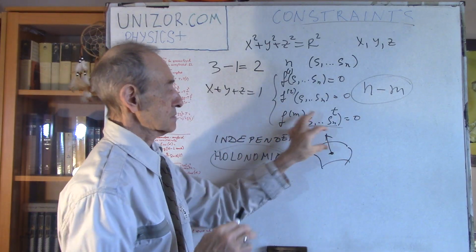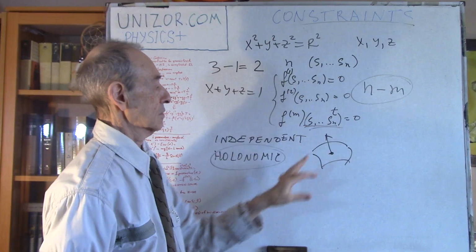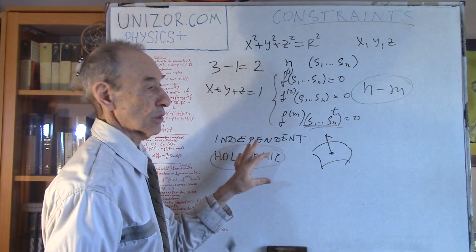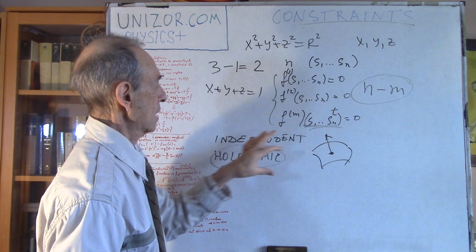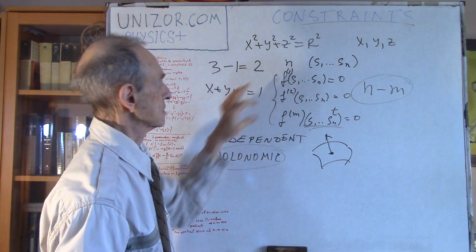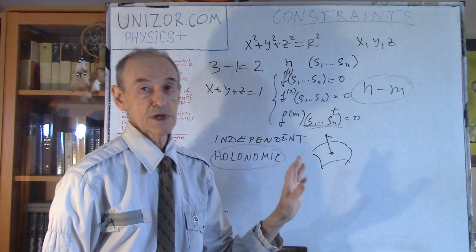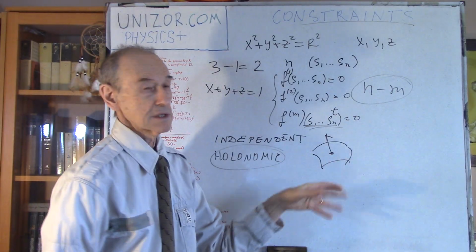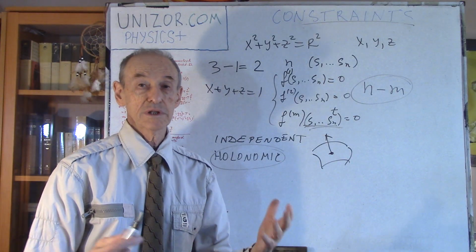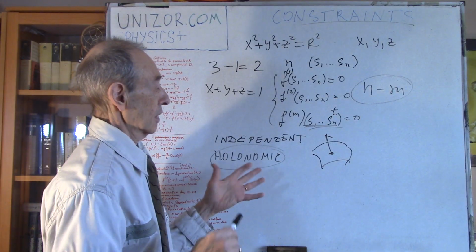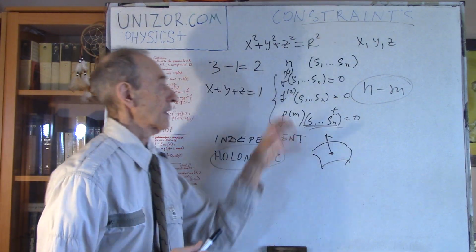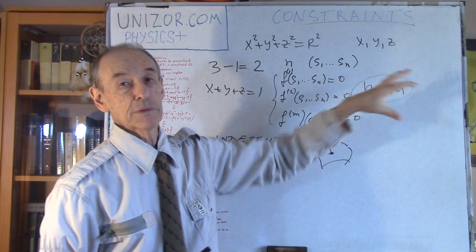So if it's just positions and time, then this is called holonomic. So these are supposed to be holonomic constraints and independent from each other, or if you wish, their gradients are not supposed to be linearly dependent, a more mathematical formulation. Okay, these are conditions under which this particular theorem is true.